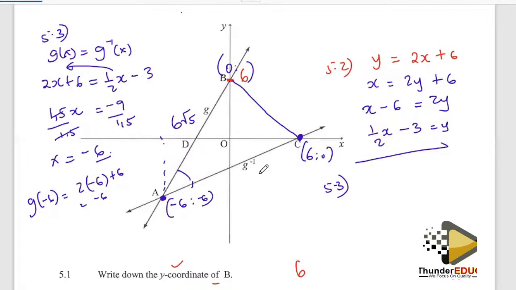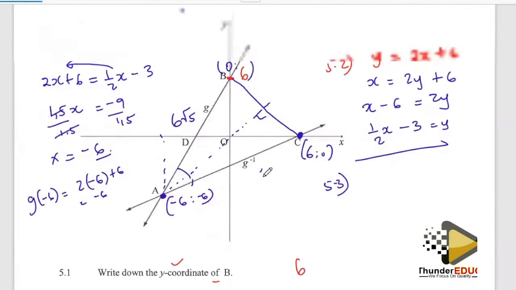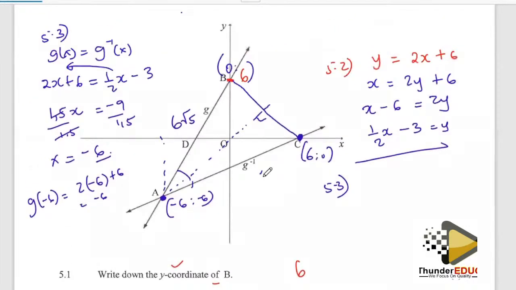Okay, so this is 6 root 2. Even this must be 6 root. And then I have my axis. In that case, I divide it, which means I need to get the midpoint. How many marks? 5 marks. Is it worth it?